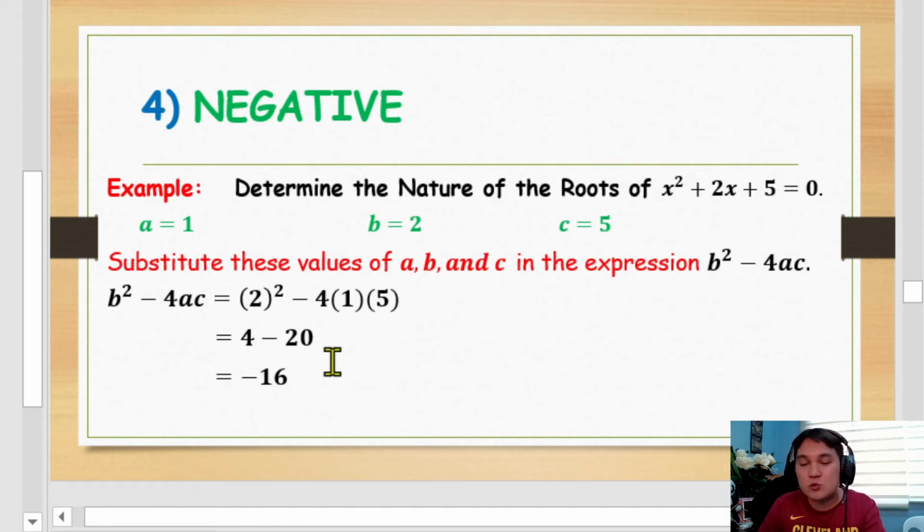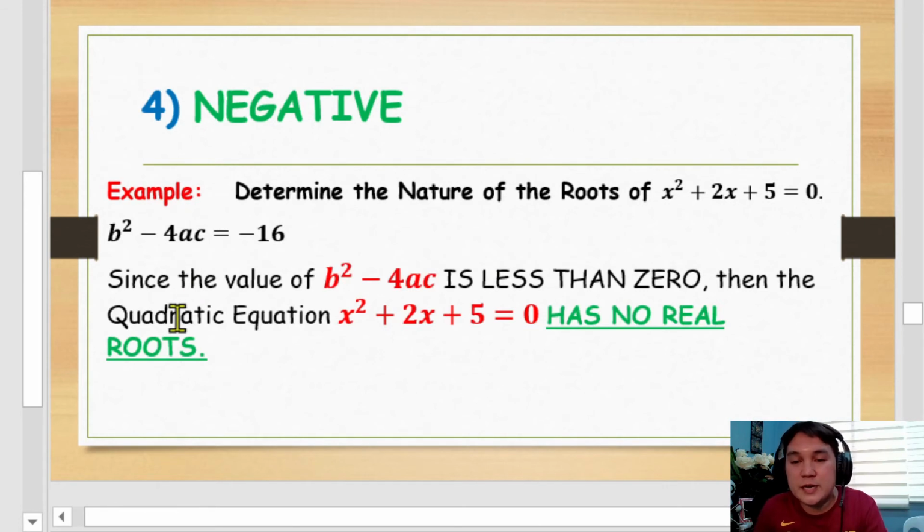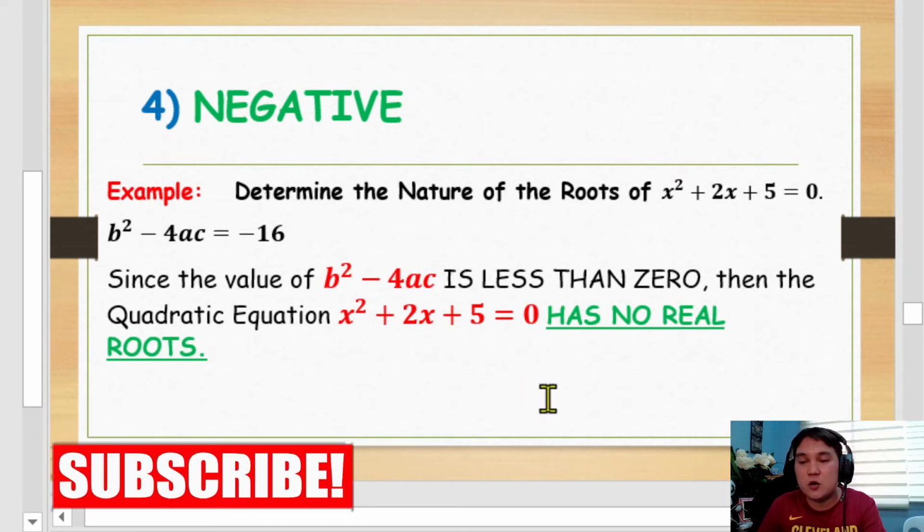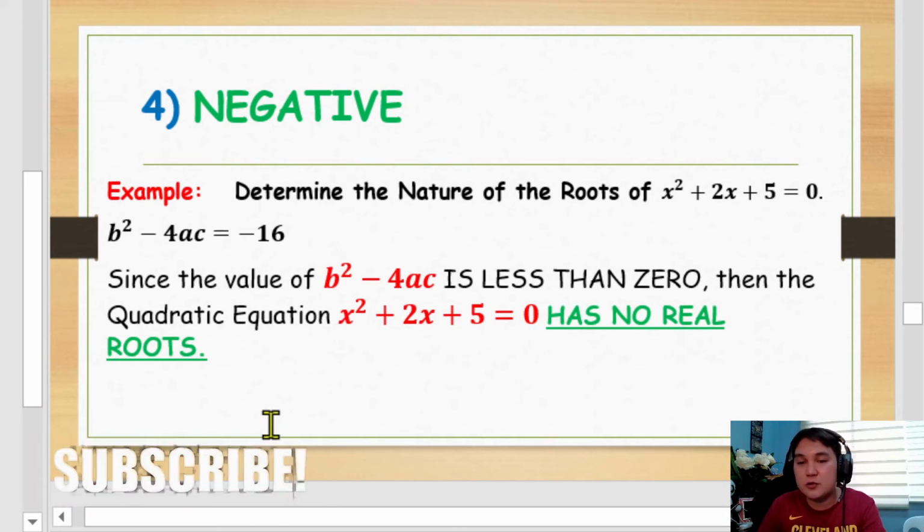Then 4 minus 20, that gives us negative 16. Our discriminant is b squared minus 4ac and that is equal to negative 16. So since the value of b squared minus 4ac is less than 0, then the quadratic equation x squared plus 2x plus 5 is equal to 0 has no real roots.